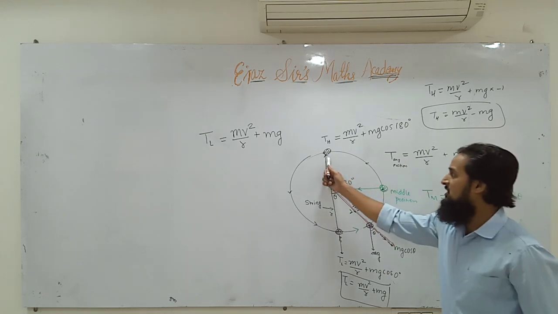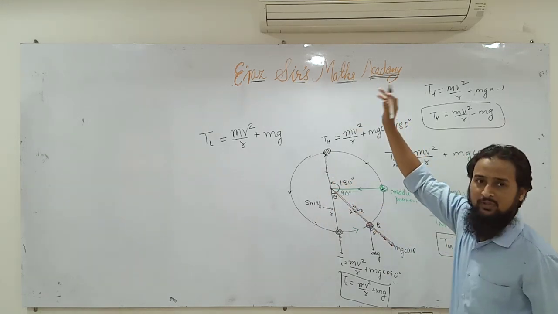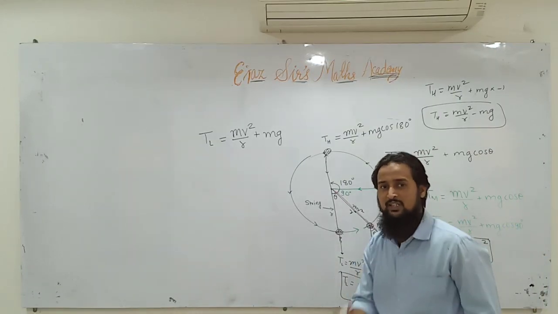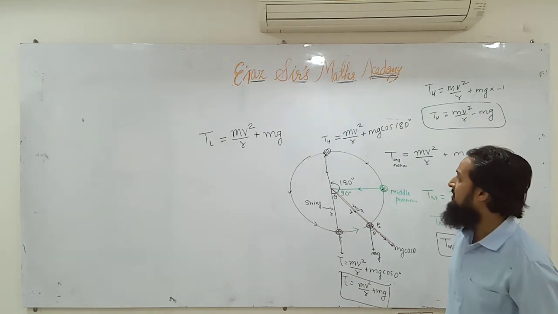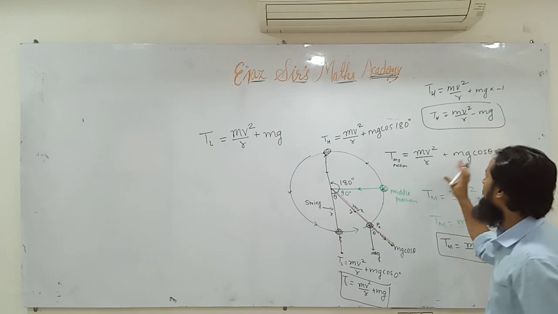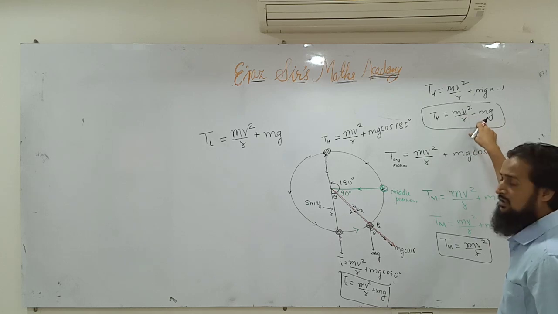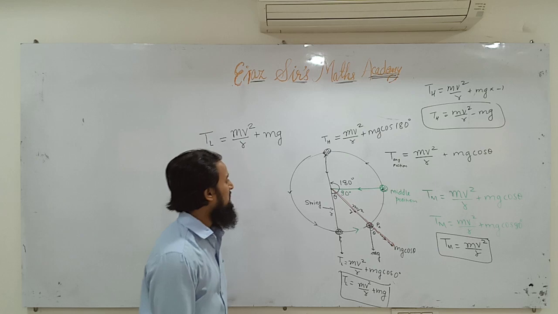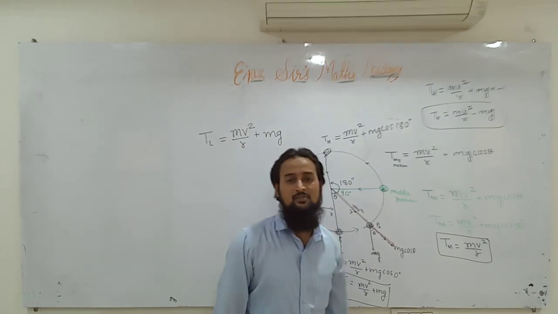At the highest position, centrifugal force is pulling it in the upward direction, because centrifugal force is a force acting on a particle performing circular motion which acts along the radius away from the center of the circle, and the weight of the stone is acting in a vertically downward direction, so there will be subtraction. Centrifugal force is greater and weight is lesser, that's why the stone is able to complete the circle. Understood it?